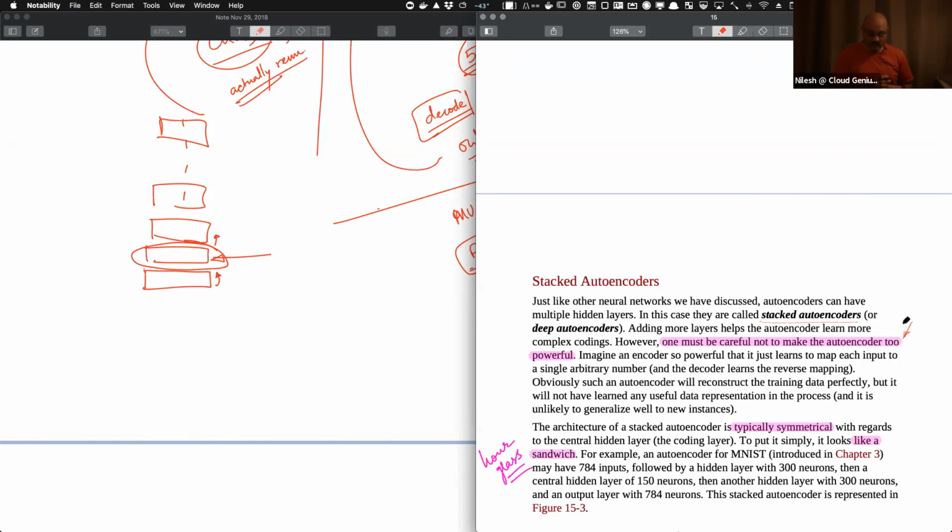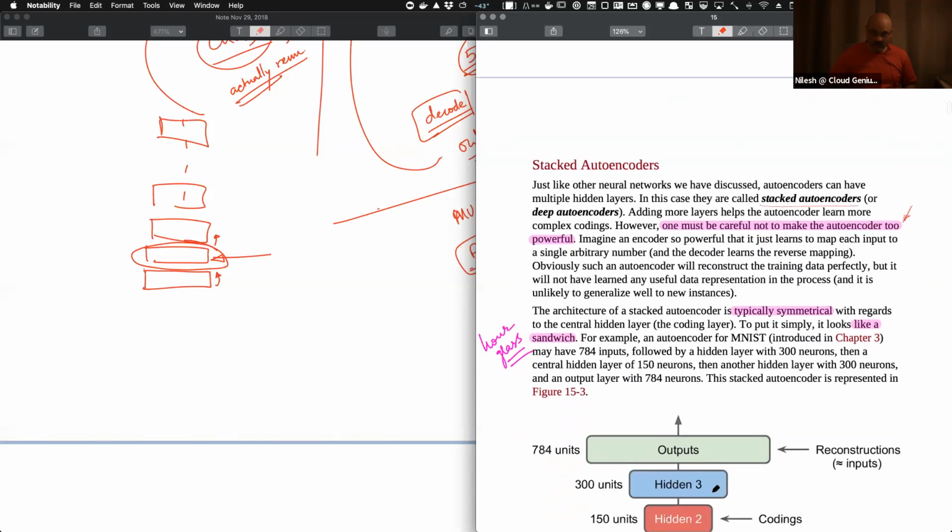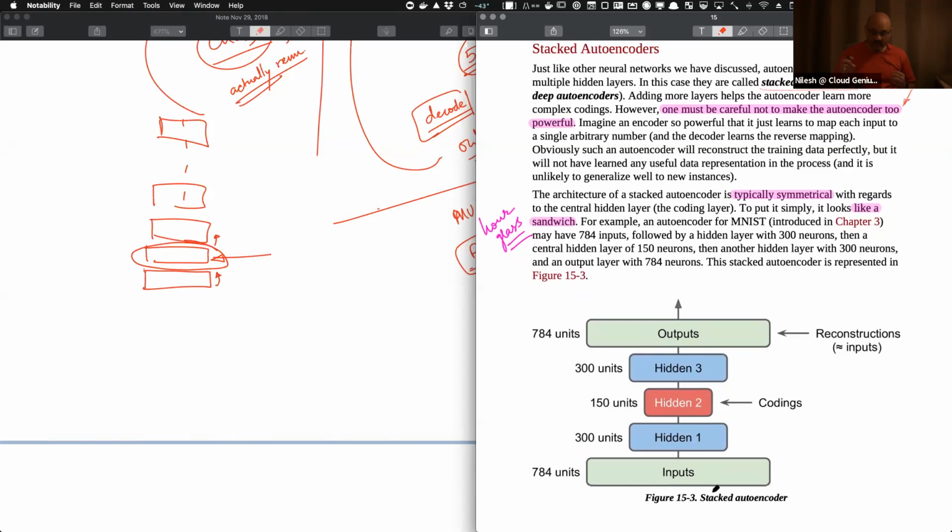That's a possibility. So don't go overboard with this idea of stacked encoders, although you can. Nothing prevents people from doing what they want. Another thing to remember here, a stacked encoder is typically symmetrical, meaning the number of units in this part and in that part are symmetrical in nature.